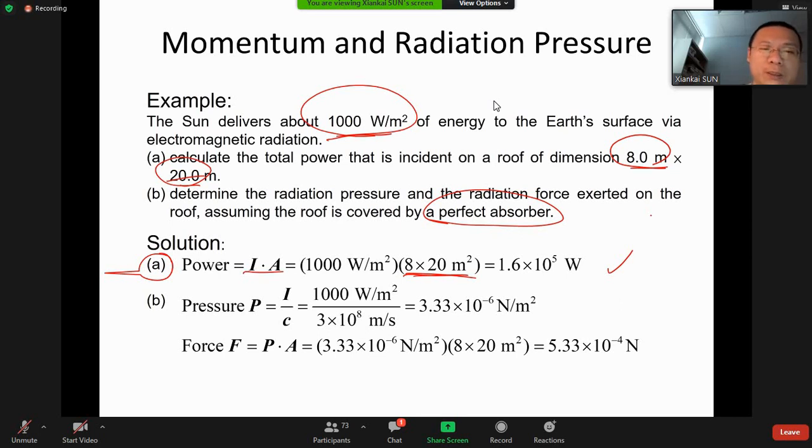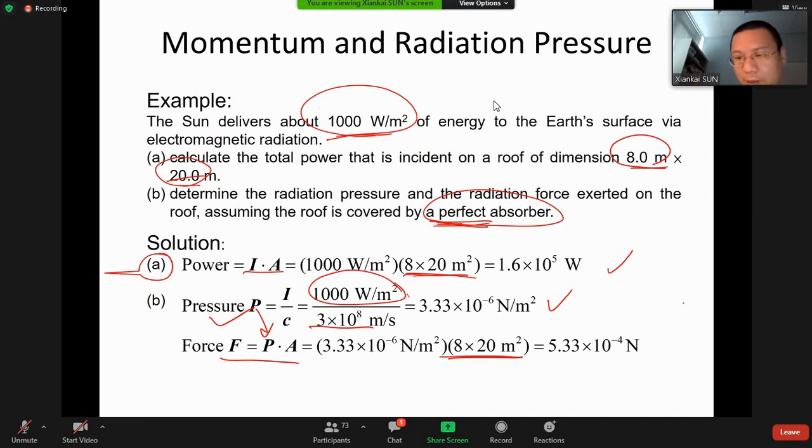Second, the pressure, assuming a perfect absorber: P is equal to I over c. I is given, and c is the speed of light. That gives you 3.33 times 10 to the negative 6. And force is P times A, so since we already have the pressure, just substitute and multiply by the area of the roof.